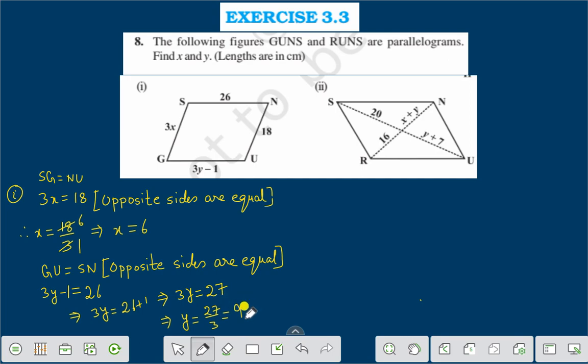Therefore, the value of y is 9 and the value of x is equal to 6. That is the answer. The value of x is equal to 6 and the value of y is equal to 9.